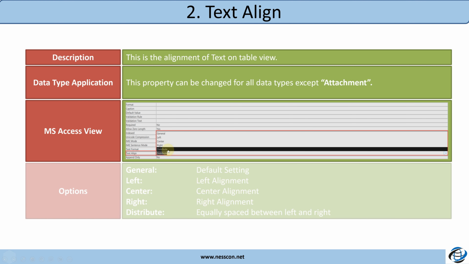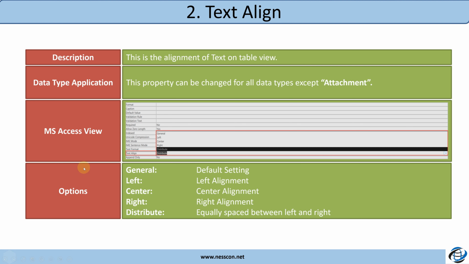General is the default setting, which we already discussed: the text on the left, and the numbers on the right. But if you want to change them, you can use left for left alignment, center for center alignment, right for right alignment. And this is a special one, distribute. If you want to utilize all the space and you do not want it to be left or right, but to equally use all the space, then you can use distribute.